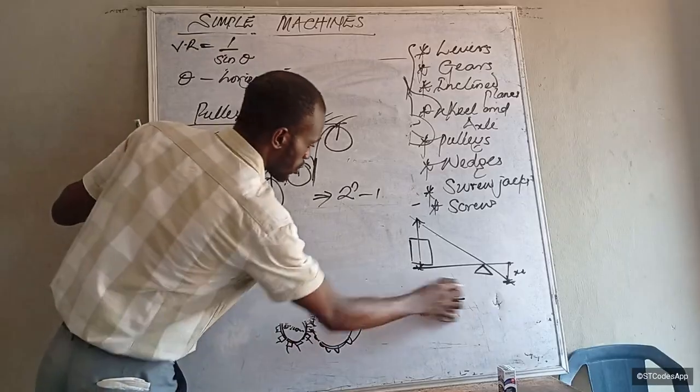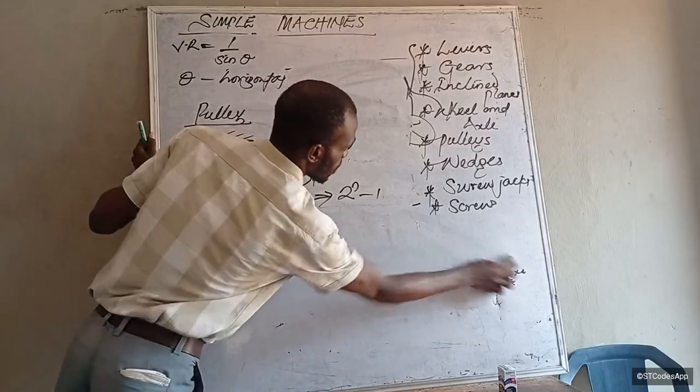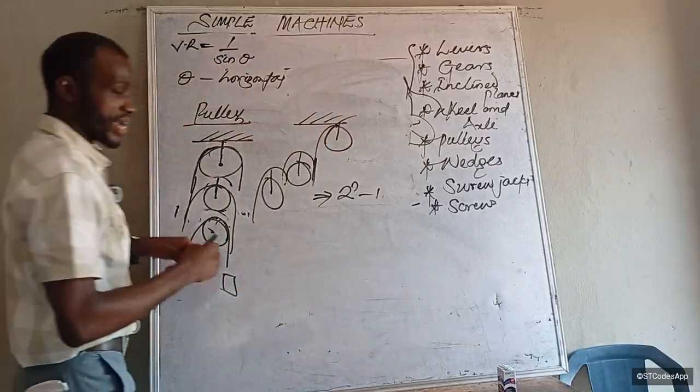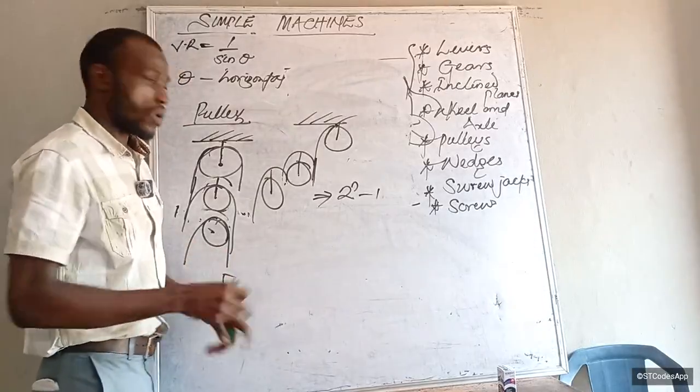Then what about the velocity ratio for wedges? Now what's a wedge?